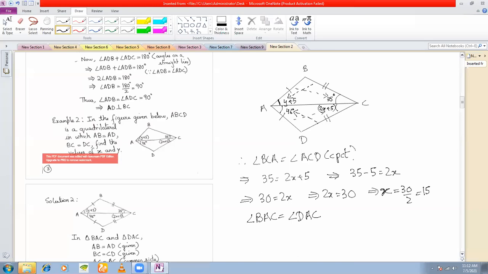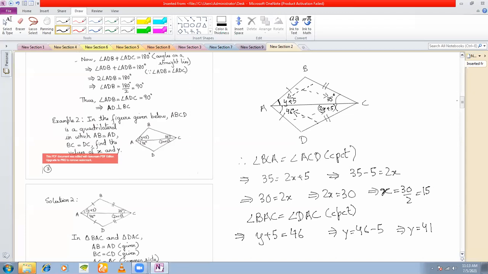This is by CPCT. So BAC is y plus 5 and DAC is 46. We can solve this to get y is equal to 46 minus 5, which is y is equal to 41.